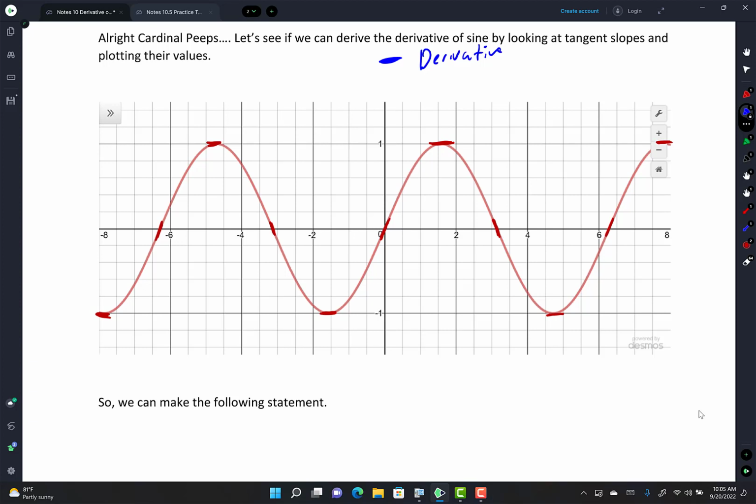So we said at this moment right here, I have a horizontal tangent that the slope is 0. I'm going to put a point at the same x value, but the y value of 0. Have I confused anyone? Right. You see where I have a tangent slope of 1? I'm going to go to 1 at that same x coordinate, and I'm going to put a point at 1.